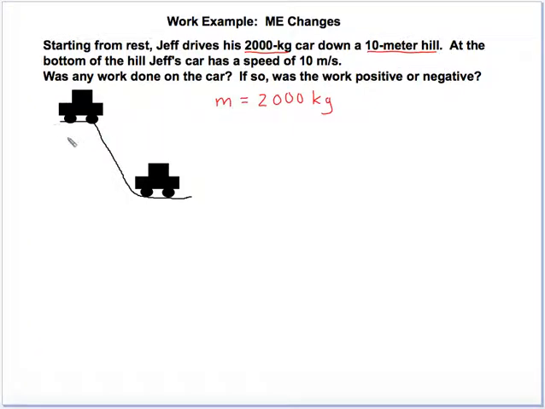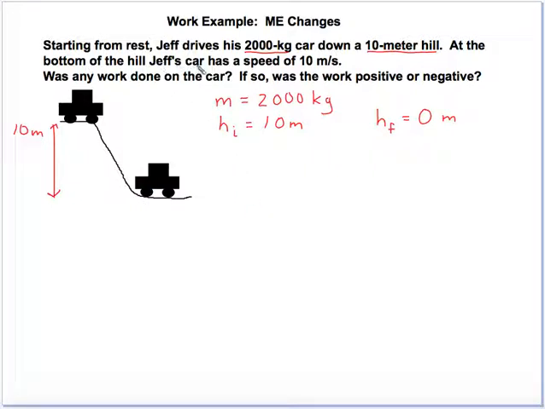So that means this hill over here is 10 meters. So that means originally his height to begin with is 10 meters, and at the end his final height is going to be 0 meters because he's all the way down at the bottom of the hill.